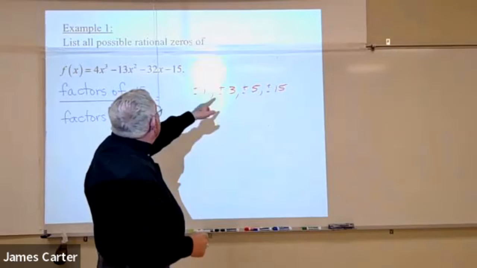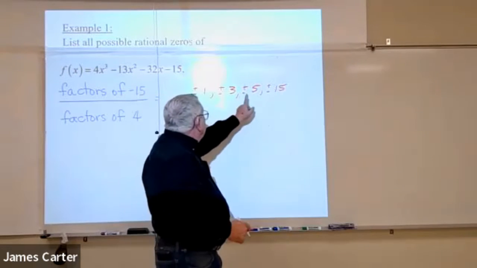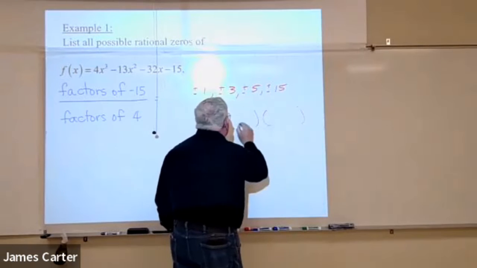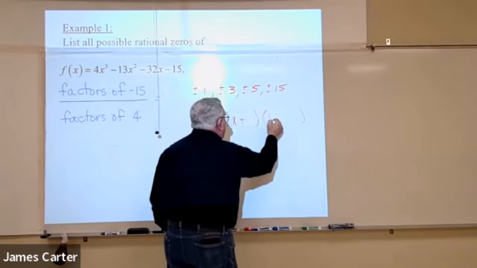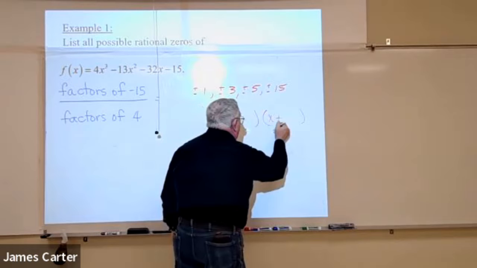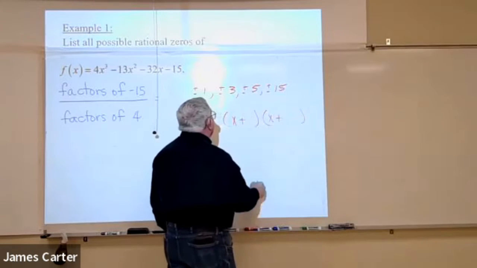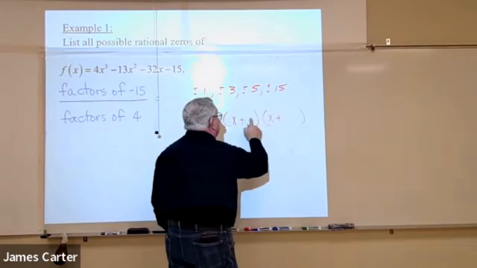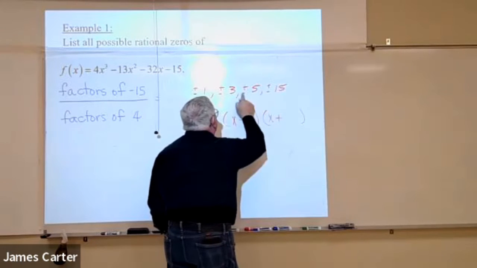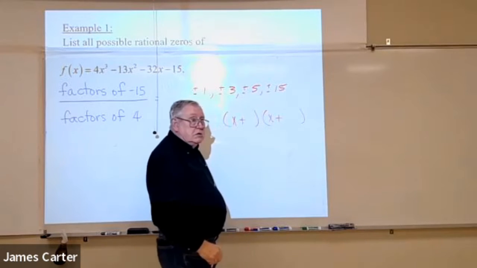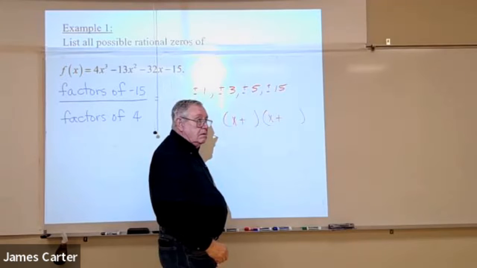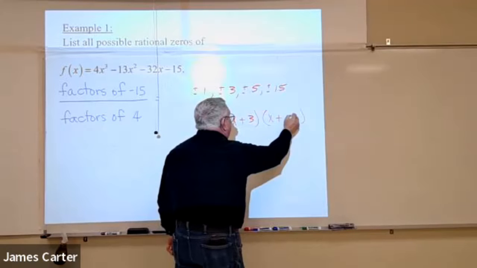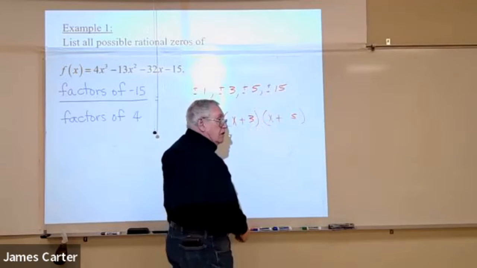What this means is that these are the possible factors. Whatever the signs might be, these two numbers, if this is a quadratic, have to involve those. For example, you could have 3 and a 5. That gives you 15.